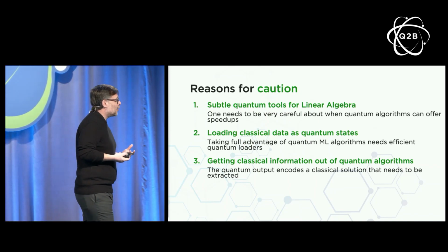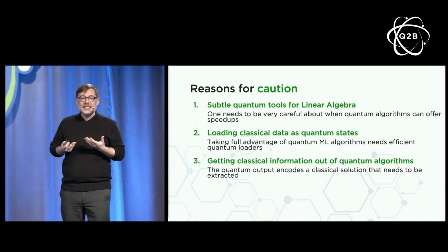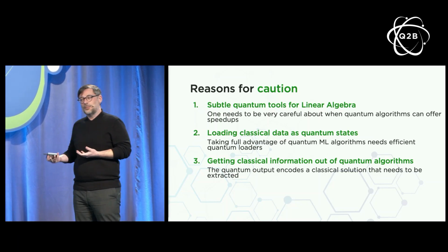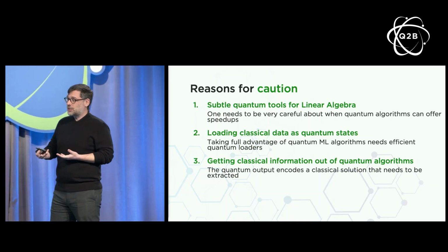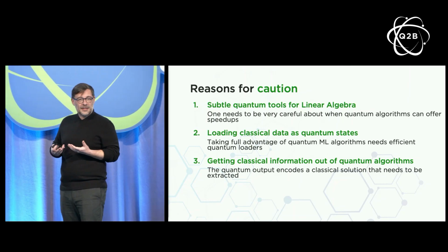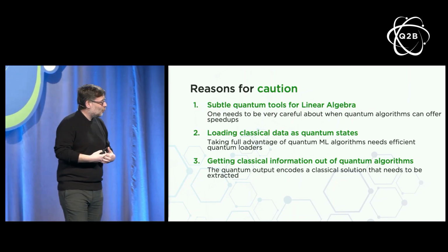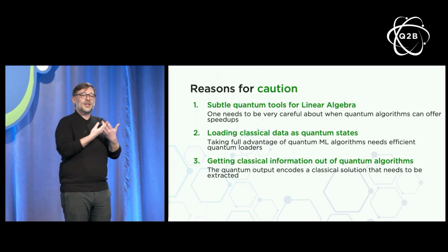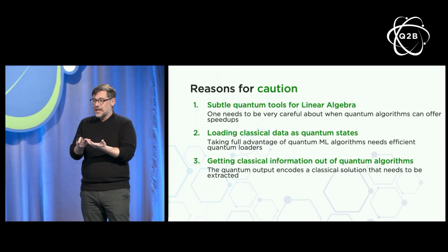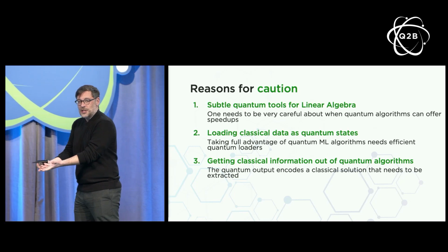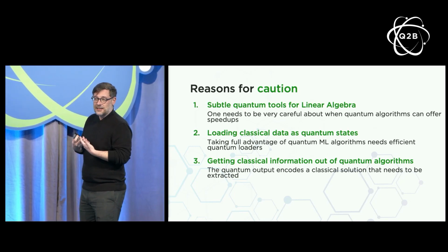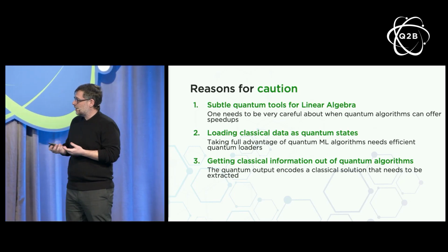Again, depending on what type of information we need to extract, it might be very simple, or it might also take a lot of time. So this is also something that we need to take care of: on one hand, how we take our inputs and put them into the quantum algorithm, and on the other hand, how this quantum output can come out as a classical answer that we can use in the remaining workflow.